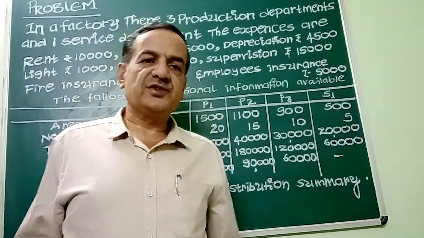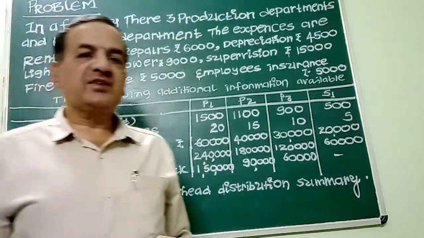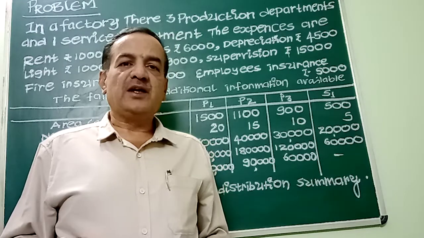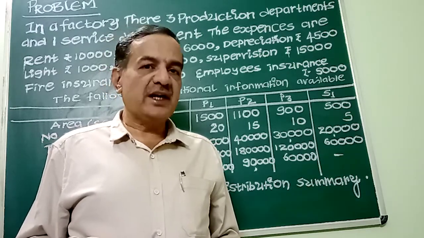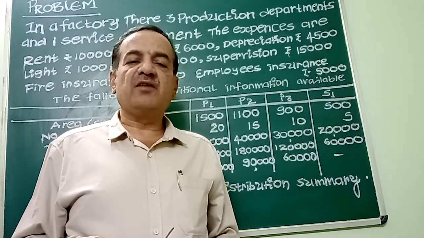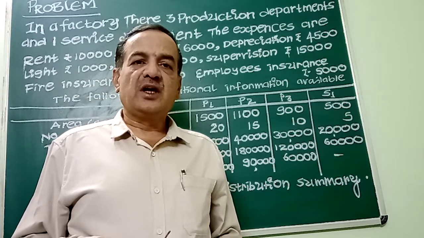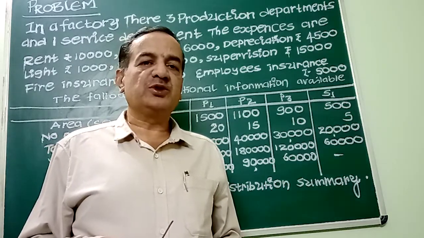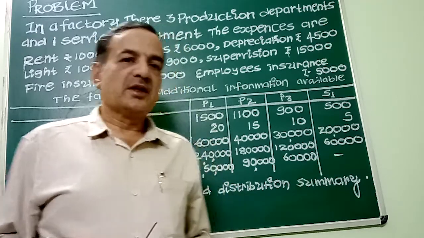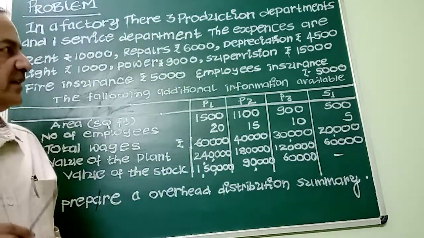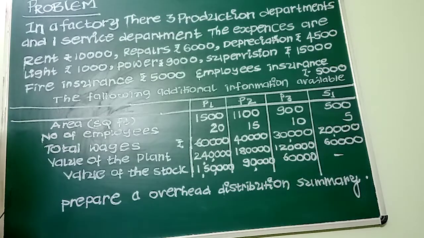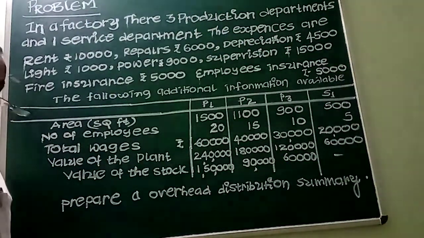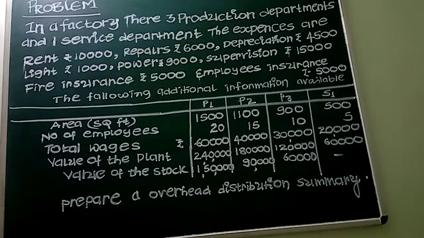My dear students, in our previous class, we understood the meaning of overheads and the meaning of apportionment and the items and what is the basis for apportionment. In today's class, let us try to understand how to apportion the overheads.